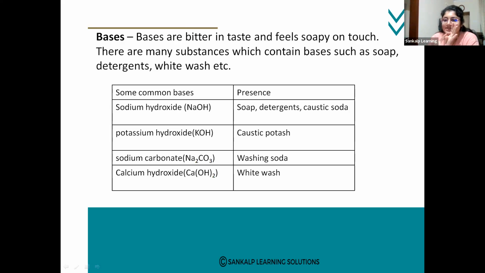Then we studied the types of acids, and the organic acids present. Then bases, types of bases, and their properties, and some common bases and the substances in which they are present. In the next class, we will be studying indicators, types of indicators, salts, and remaining things.